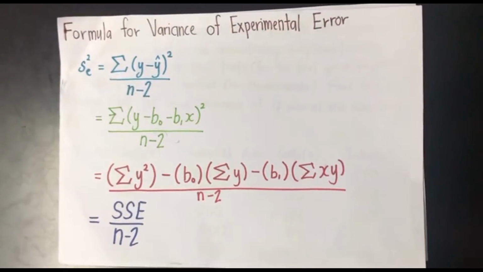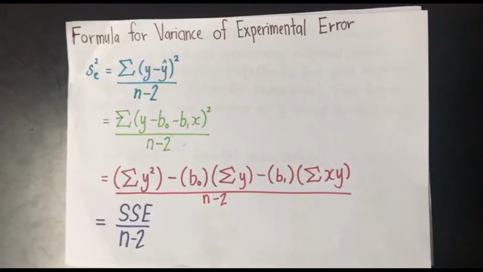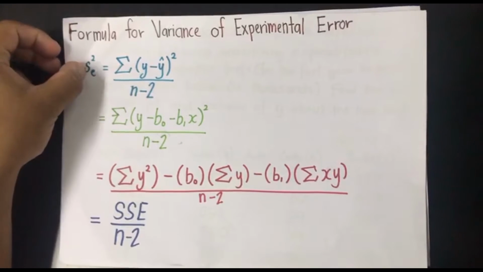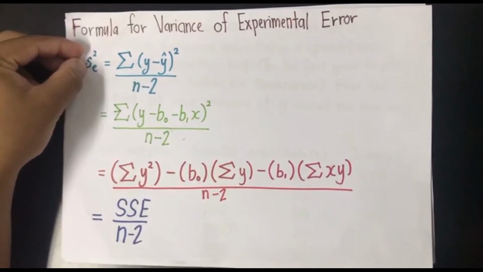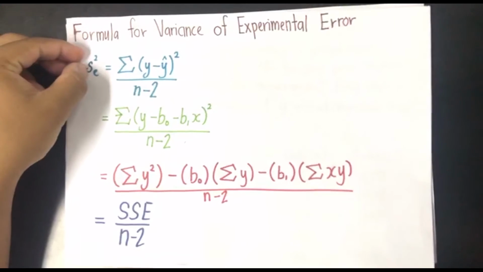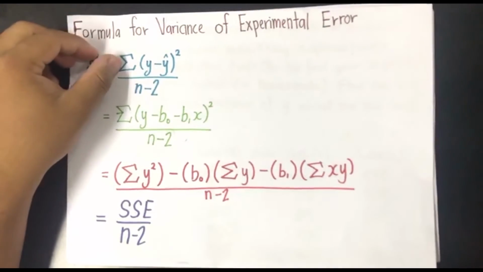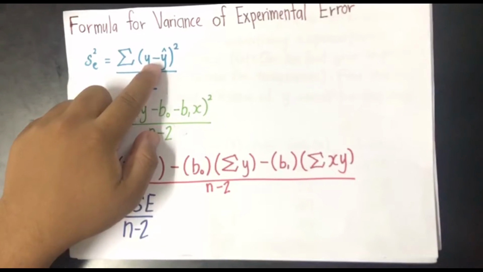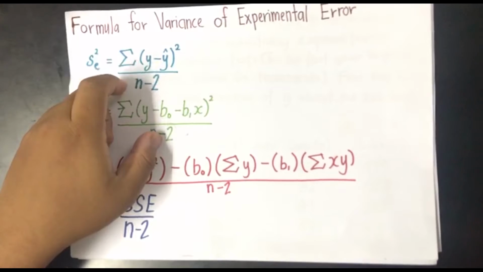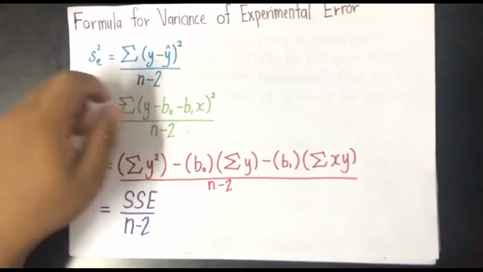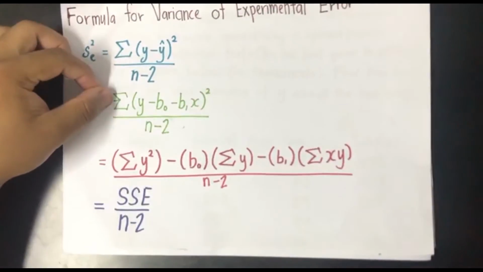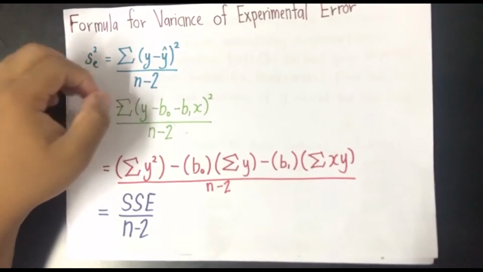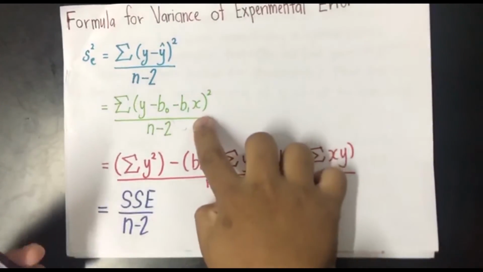So, the formula for variance of experimental error, or rewritten as S squared, is the sum of square of y minus y hat divided by n minus 2. So, as we know, y hat is equal to B0 plus B1x.